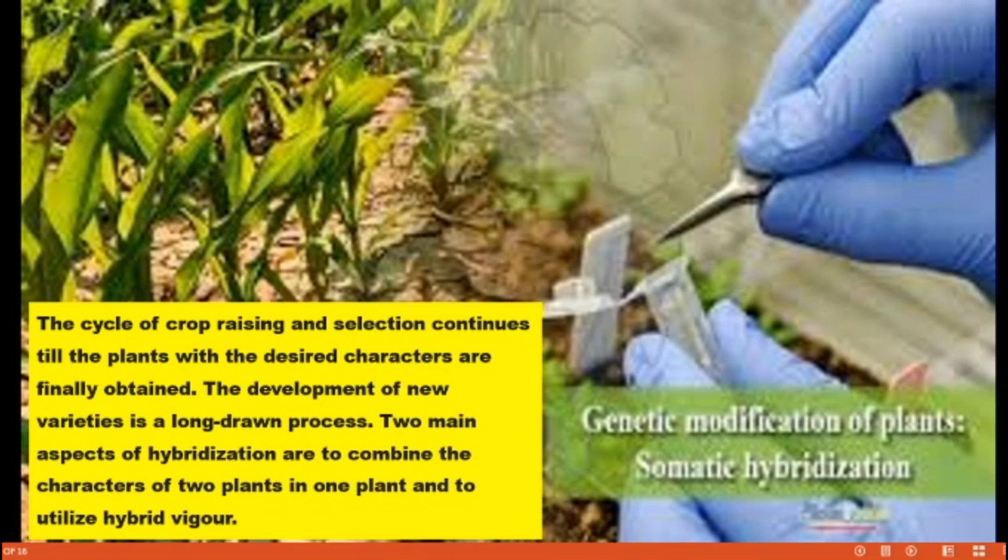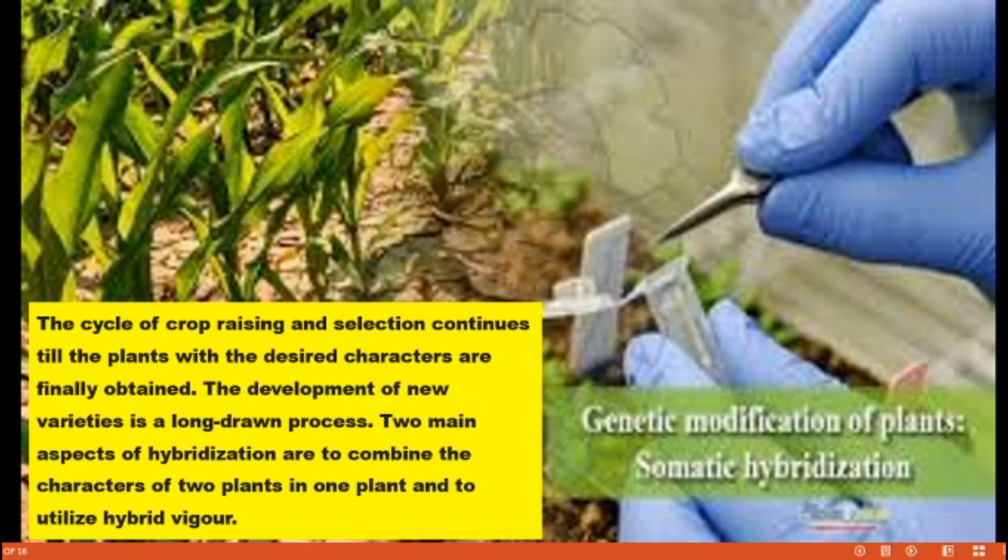So we have to select the plants whose character is desirable, which is very important, or which helps the plants. We have to collect the information from several types of plants, then make it one variety. Already I told you monohybrids and dihybrids. The development of a new variety is a long drawn process.